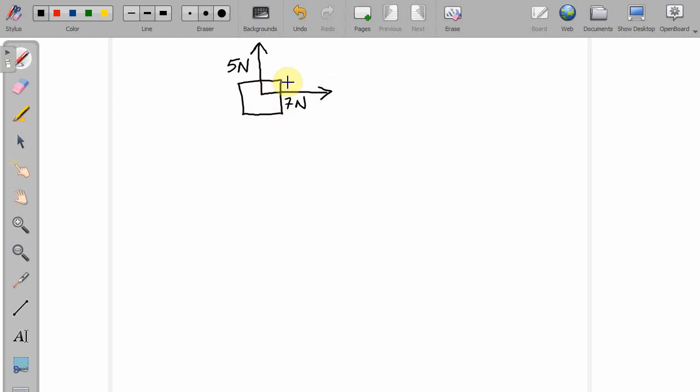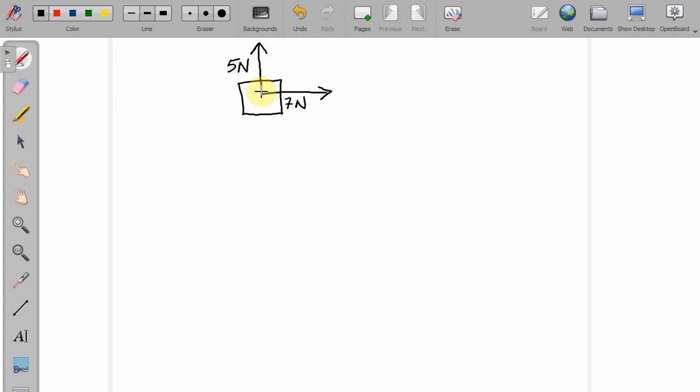So how could we replace these two forces with one force that does the same job? Essentially, this box is going to accelerate off in this direction, because it's being pulled upwards and over to the right.